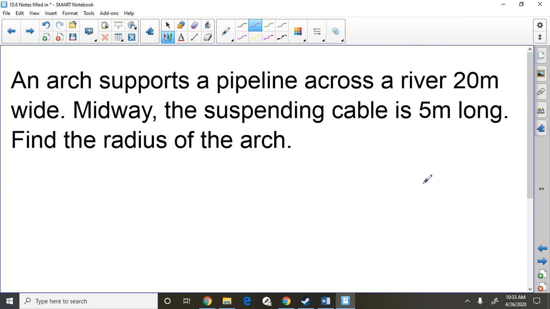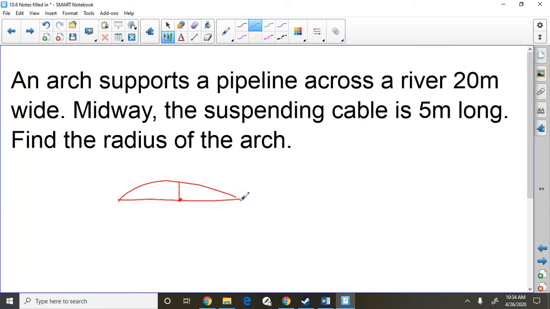One last problem, there's a little bit of an application here that we can do. We have an arch that supports a pipeline across a river 20 meters wide. Midway, the suspending cable is 5 meters long. So we have a pipeline going across the river that's 20 meters long. Midway, there's a suspending cable that goes up to an arch.